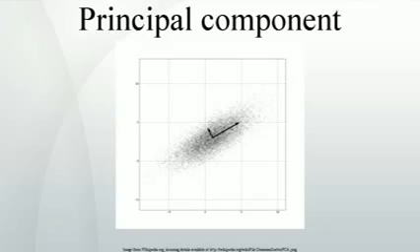Further considerations. Given a set of points in Euclidean space, the first principal component corresponds to a line that passes through the multidimensional mean and minimizes the sum of squares of the distances of the points from the line. The second principal component corresponds to the same concept after all correlation with the first principal component has been subtracted from the points. The singular values, in S, are the square roots of the eigenvalues of the matrix XTX.